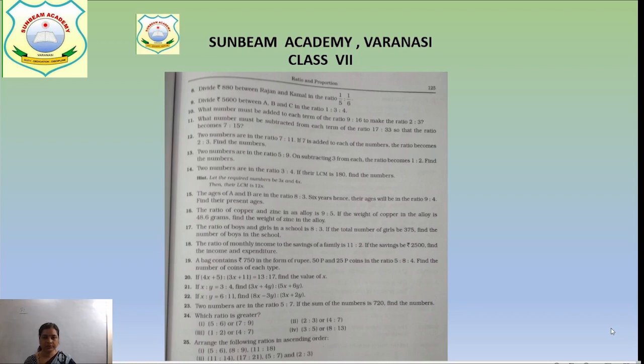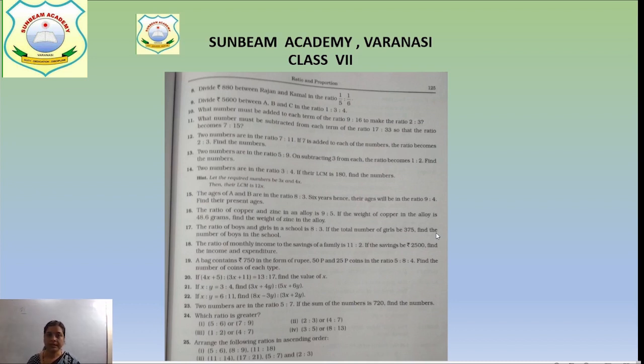Let's see the question first. Question is, two numbers are in the ratio 7:11. Means its simplest form will be 7 in the numerator and 11 in the denominator. The actual numbers are bigger than these, but they are in this ratio only. When we simplify it, we will get 7 by 11.